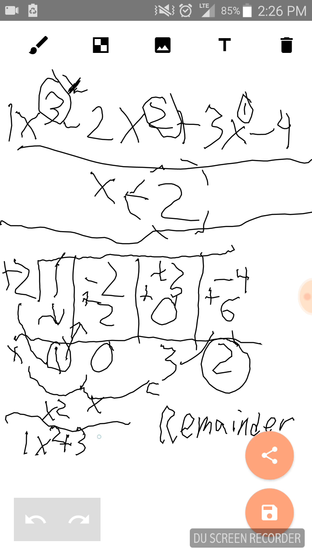Plus the 2, since it's a remainder, becomes 2 over the original number that you were dividing by. So it would be 2 over x minus 2.